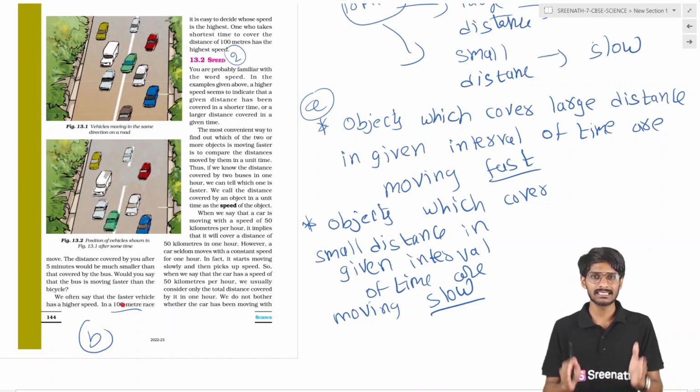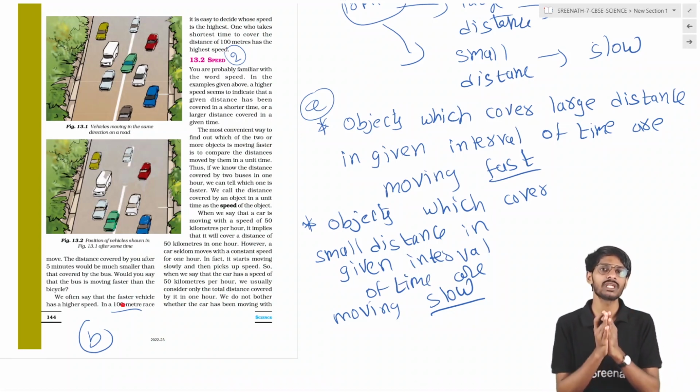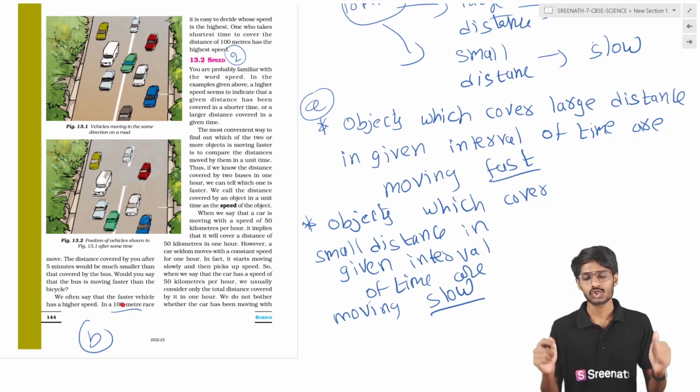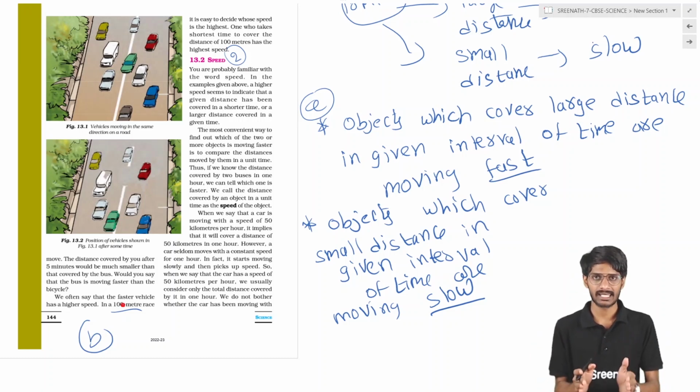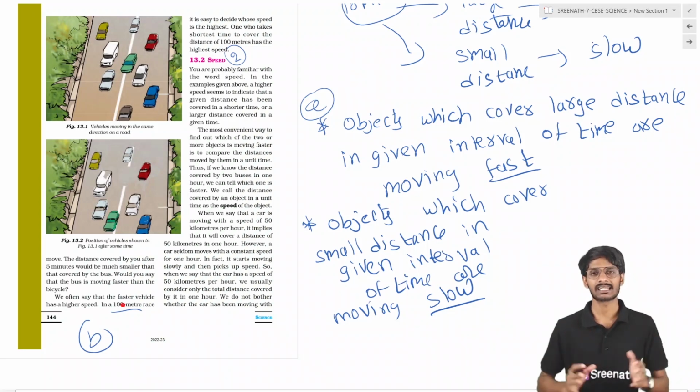So in this case, how will you decide which is moving fast or which is moving slow? The 100 meters running race is there, and all the athletes or students are participating in that running race.